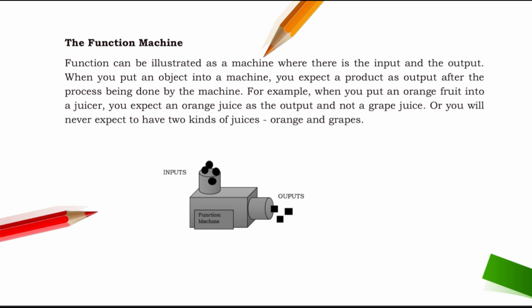Or you will never expect to have two kinds of juices, orange and grapes, right? Okay, in the given illustration, we have the inputs and a function machine. Inside the function machine, it will process, then we have an output. Okay, so that is the meaning of the function machine.